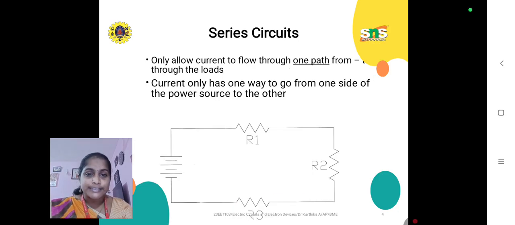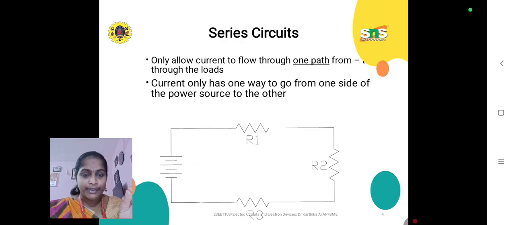The first one is the series circuit. It allows current to flow through one path from negative through the loads. Current only has one way to go from one side of the power source to the other side. See the diagram, it has a power source and resistors R1, R2 and R3.